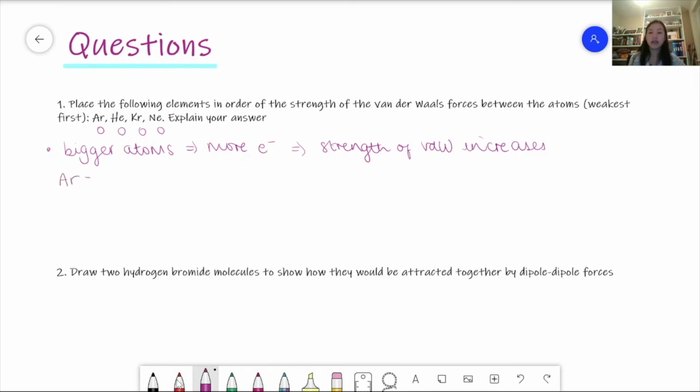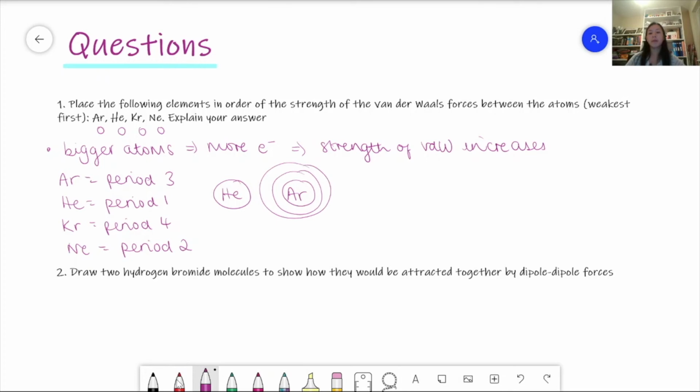So argon is in period 3, helium is in period 1, krypton is in period 4, and neon is in period 2. And so now this helps us a lot because we know that helium has 1 outer shell, and we know that argon has 3 shells.